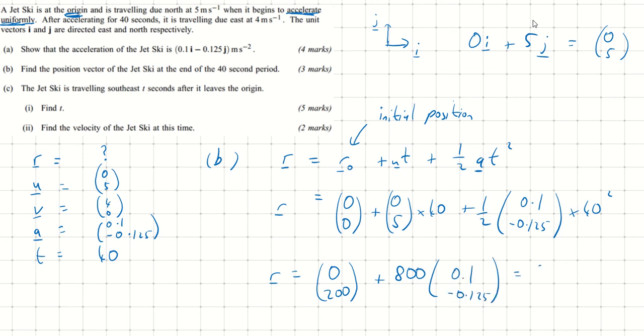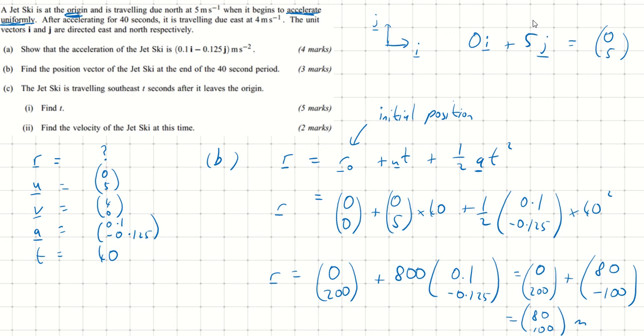So that's 0, 200 plus 80, minus 100. 0 plus 80 is 80. 200 minus 100 is 100. So this is my final position in meters. It's 80i plus 100j meters. And that's part B.